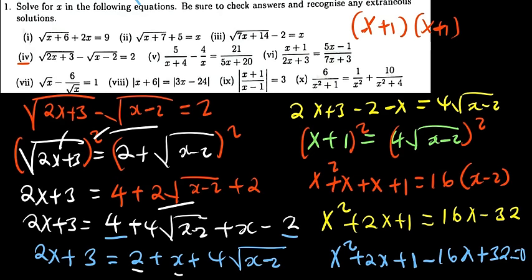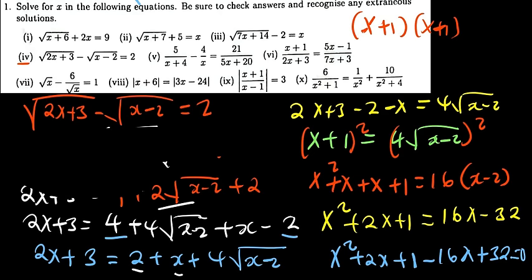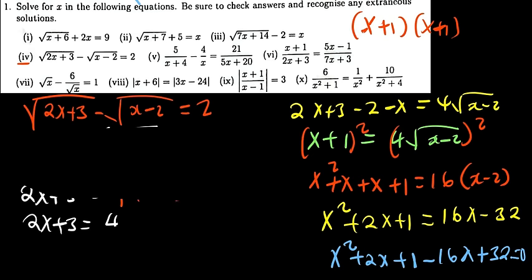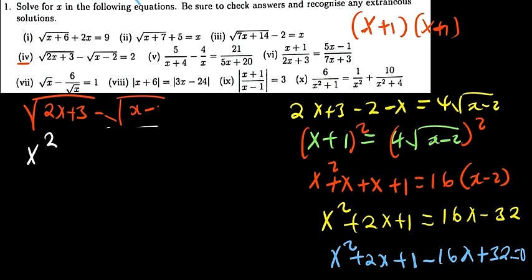Let's get rid of this. Now I can clearly see here that x squared is alone. Even this one I can get rid of so that I start from the top here. x squared is alone.